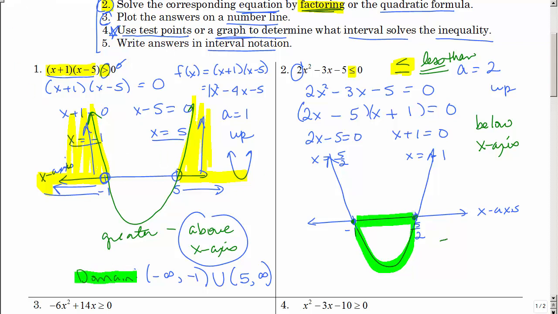So my answer is bracket -1 to 5/2 bracket. All the values between -1 and +5/2, any of those x values, if you come back and plug it in here for x, you would get something less than or equal to 0. So greater than is above, less than is below.